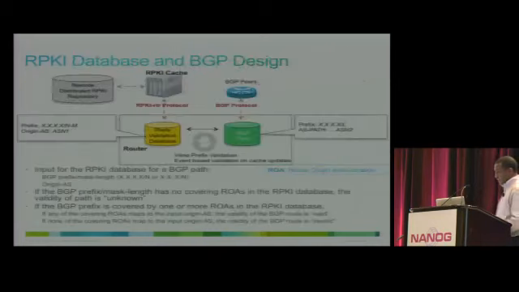And in summary, here is what it looks like. There is a remote distributed RPKI repository that stores the legitimate owner of each prefix, so the origin AS of each prefix, and through an RPKI cache, a service provider can receive the RPKI information from the cache servers.